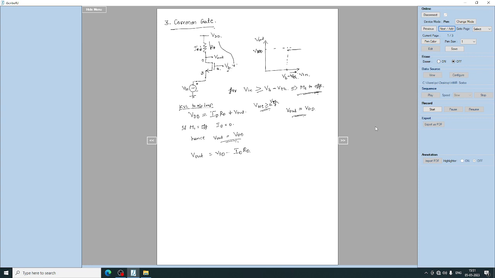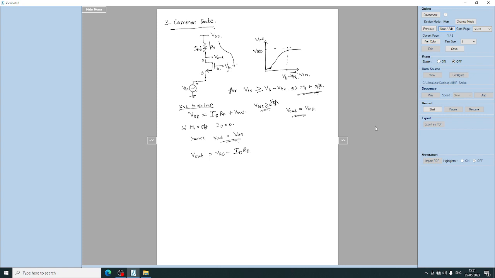So V out starts decreasing. When V in is very much less, M1 is in the saturation region, since we have decreased V in so that M1 is in saturation, and V out eventually drives M1 again into the triode region.